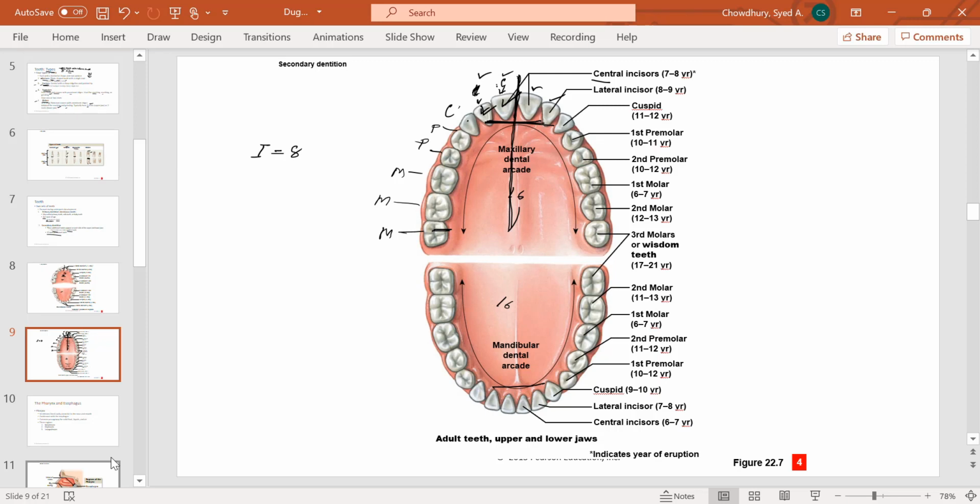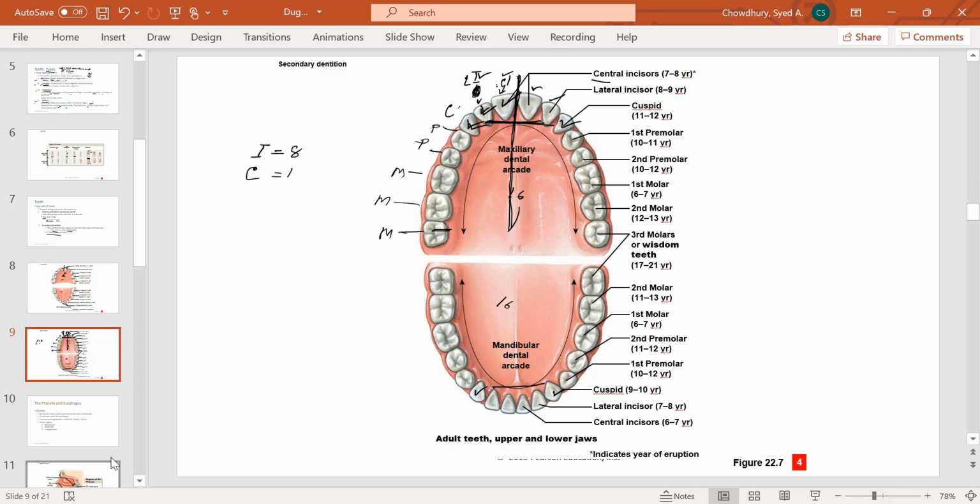These are central incisors and lateral incisors. Okay, and then you have one canine in each half of the arch. So there are 1, 2 in the upper arch, and in the lower arch you also have 2.